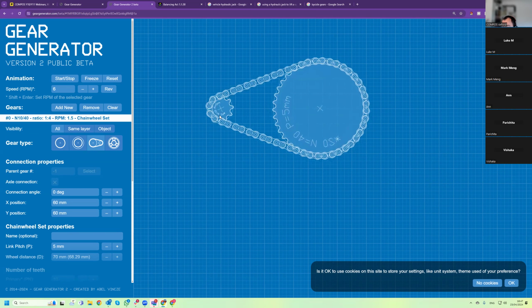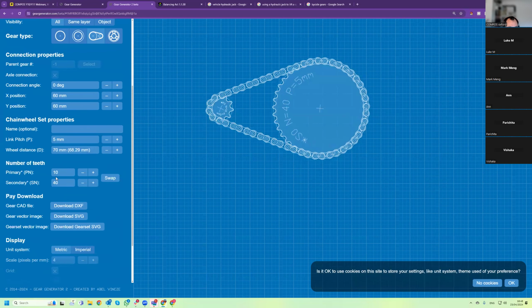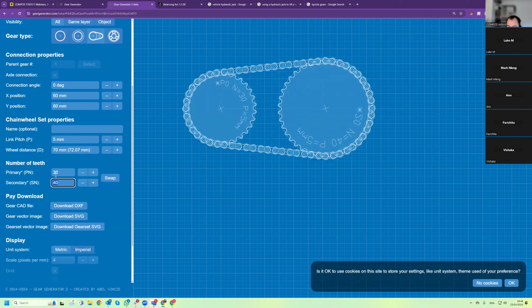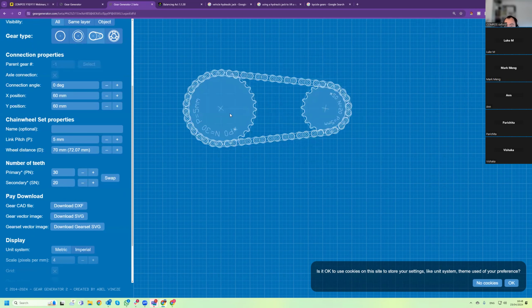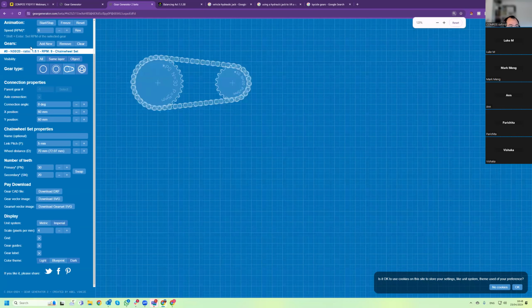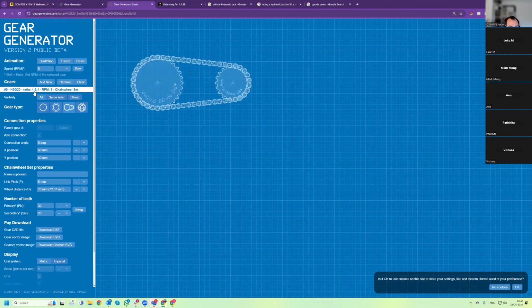So you would use this setup when you want to go up a hill, but you can change that. So the number of teeth on the primary, let's say it's 30, and this is 20. So now you can see that this goes slower than this one. And indeed, the ratio is 1.5 to 1.